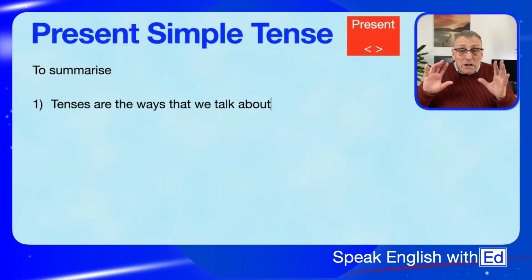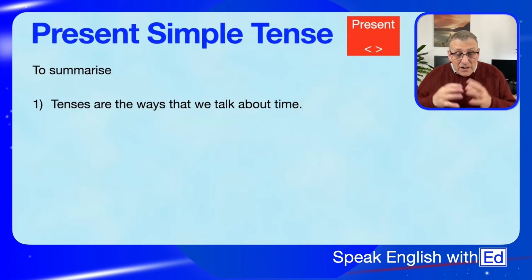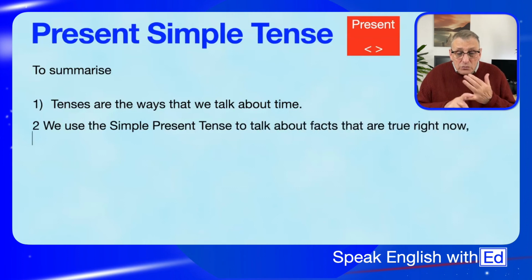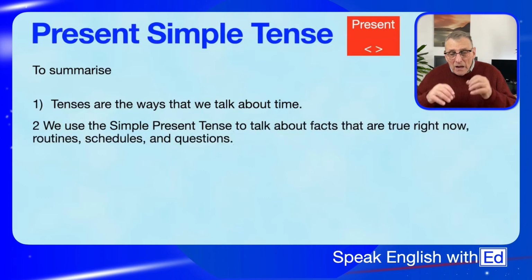So let's finish by doing a review of what we've learned so far. To summarise, tenses, they are ways that we talk about time, the present, the past and the future. We use the simple present tense to talk about facts that are true right now at the present time.